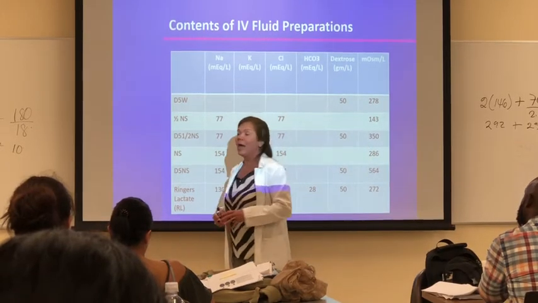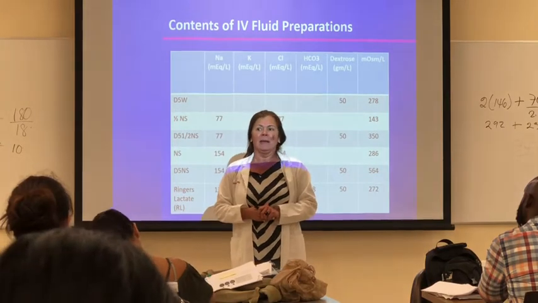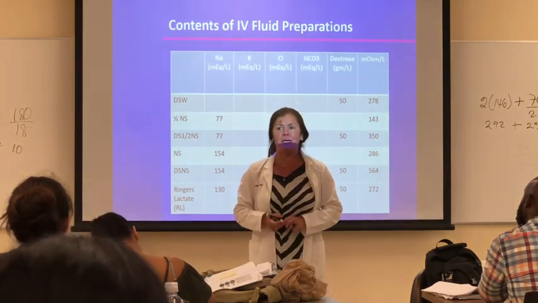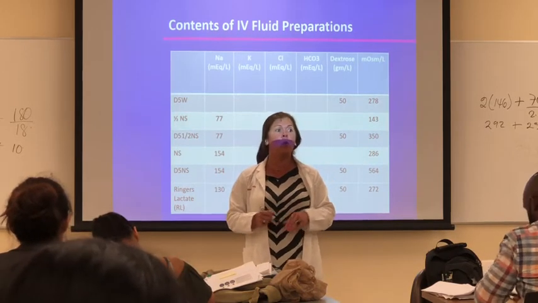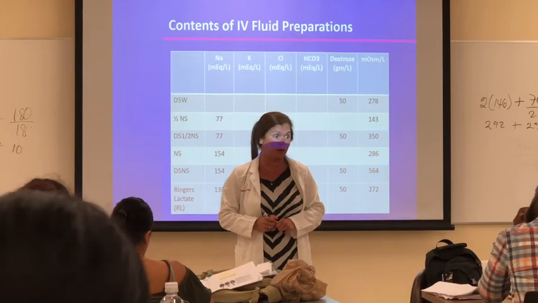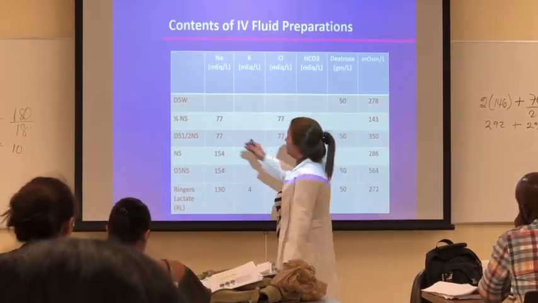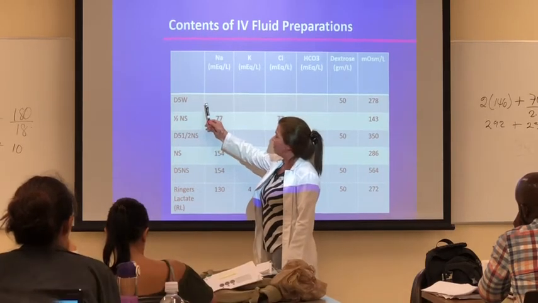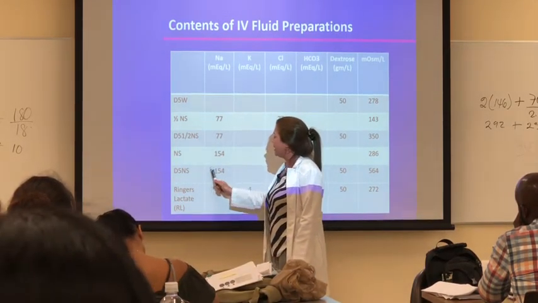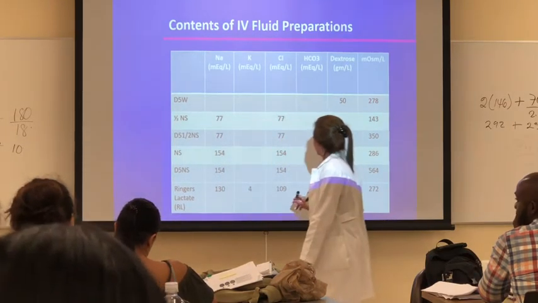Then we have hypertonic solutions that come into the extracellular space as hypertonic, and then once they enter the cell, they convert into hypotonic, okay? And as you would see, an example of those is D5 normal saline, because it has the same amount of sodium as normal saline, okay?